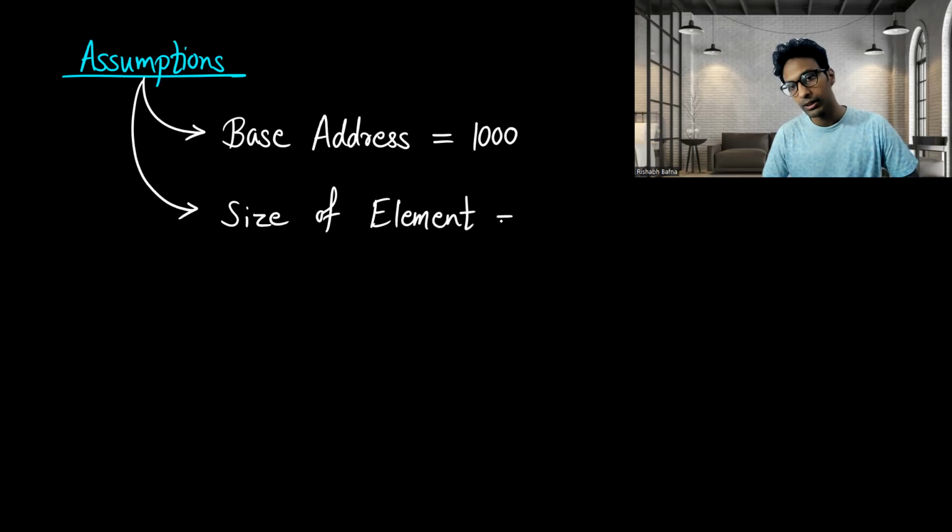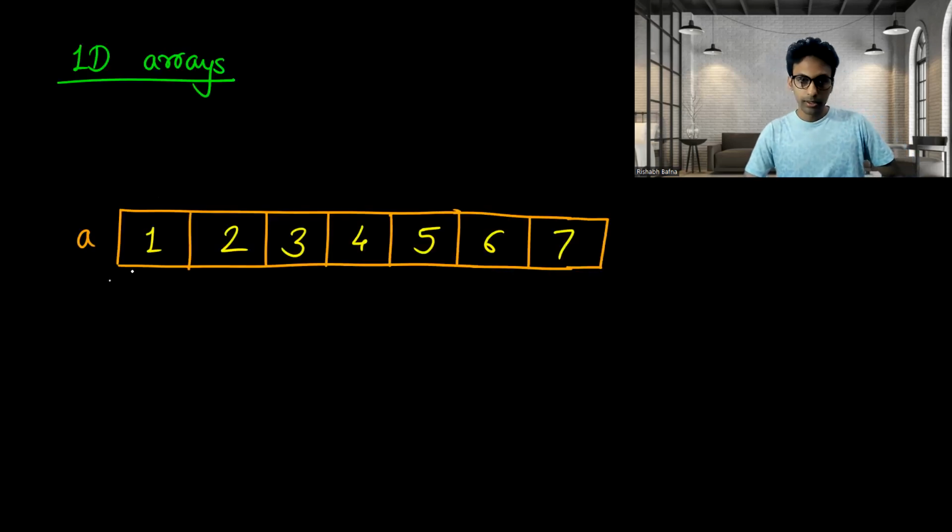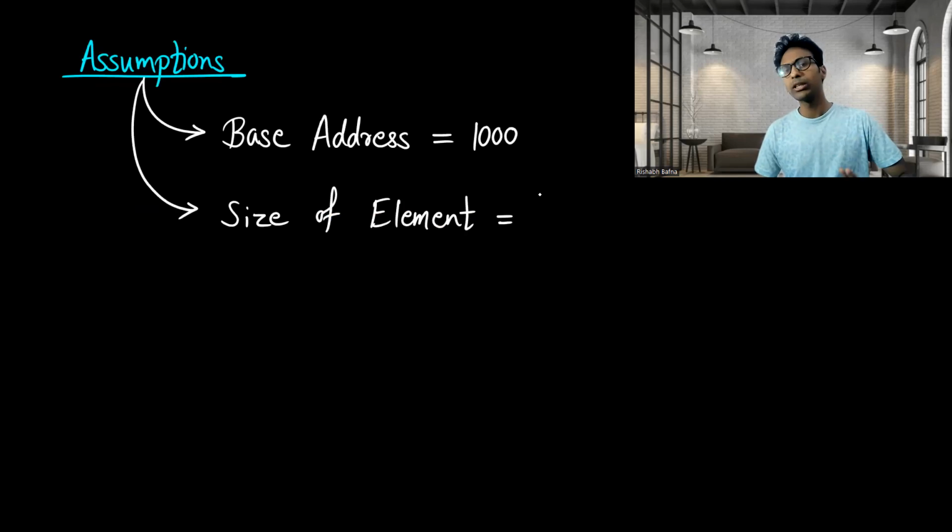Here, element is actually an integer. So you might think integer is of 4 bytes, but then it is actually compiler dependent. If the compiler allocates 2 bytes, integer is of 2 bytes. If the compiler allocates 4 bytes, integer is of 4 bytes. So it is compiler dependent. Let's take 4 bytes because most of the compilers will allocate 4 bytes.